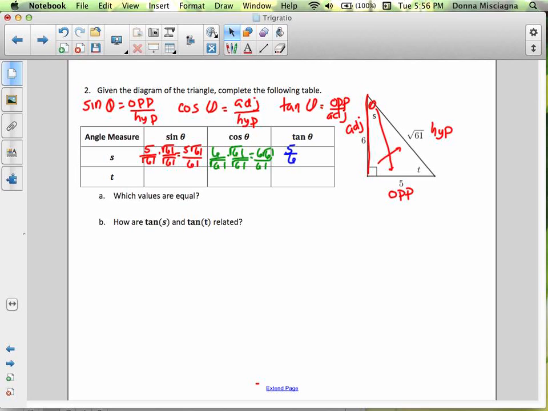All right, so now let's try for angle T. The one thing that's going to change, oops, well, I guess these things were kind of connected.